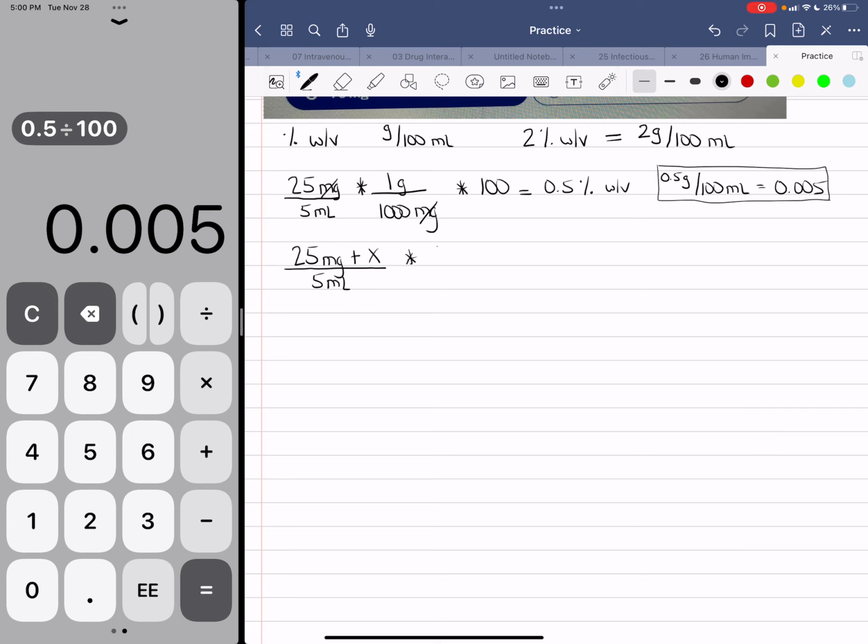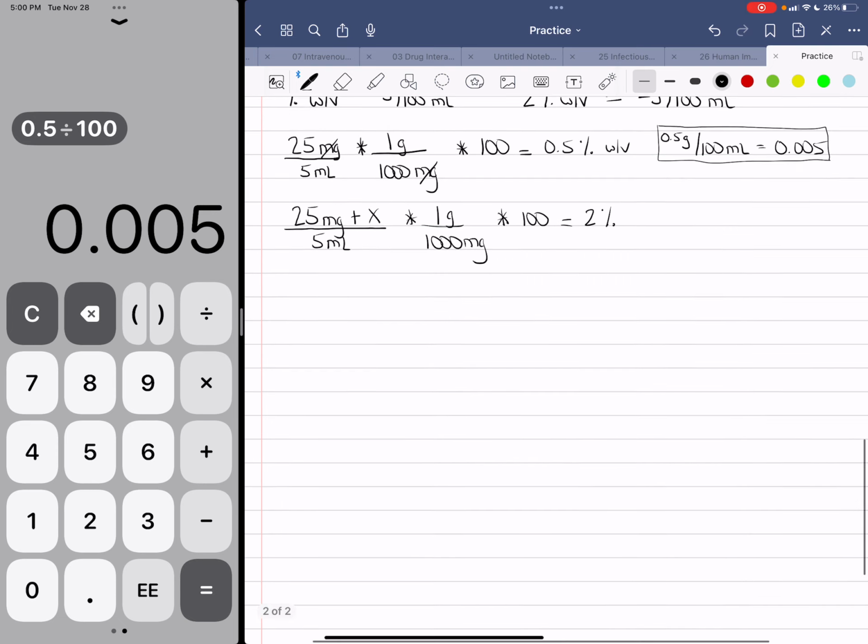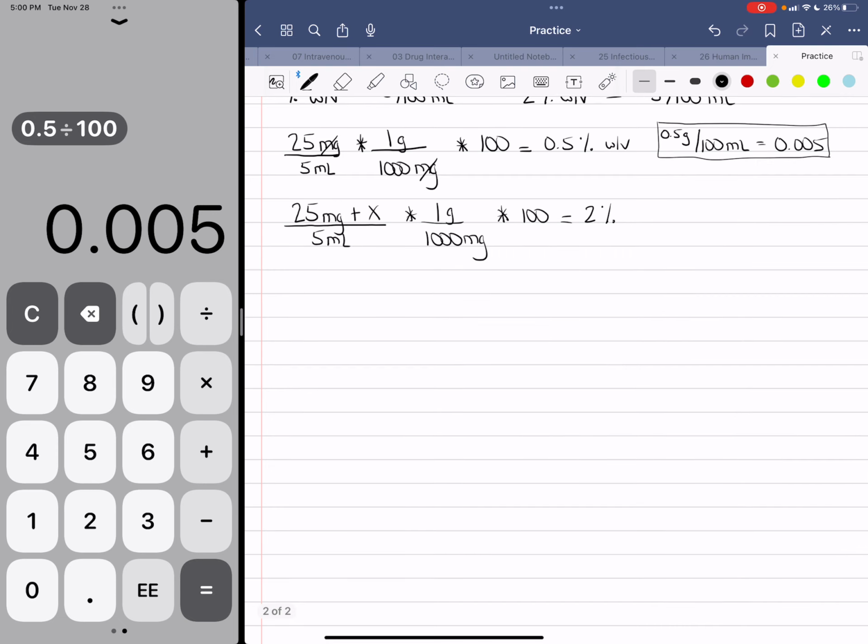And we already know that we needed to change that. And then we're going to multiply that by 100. And we know that we're going to end up with 2% over here, right? 2%, right?